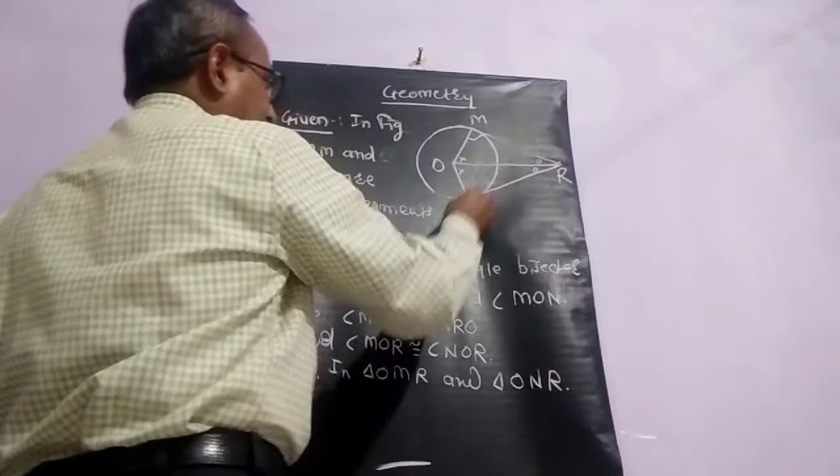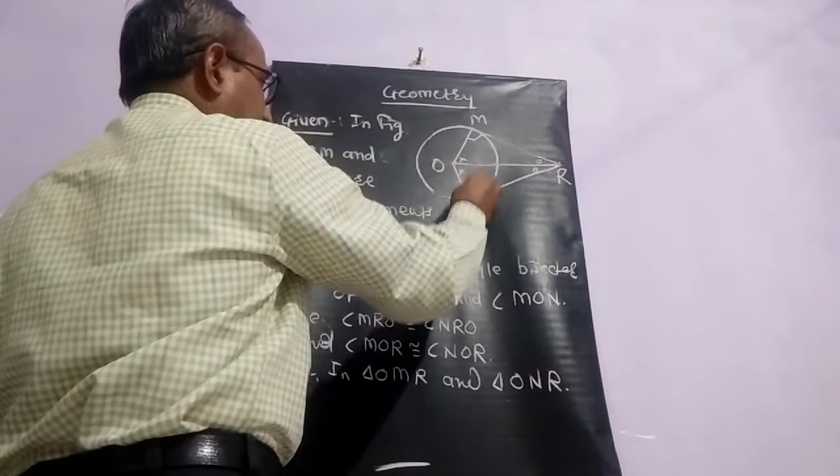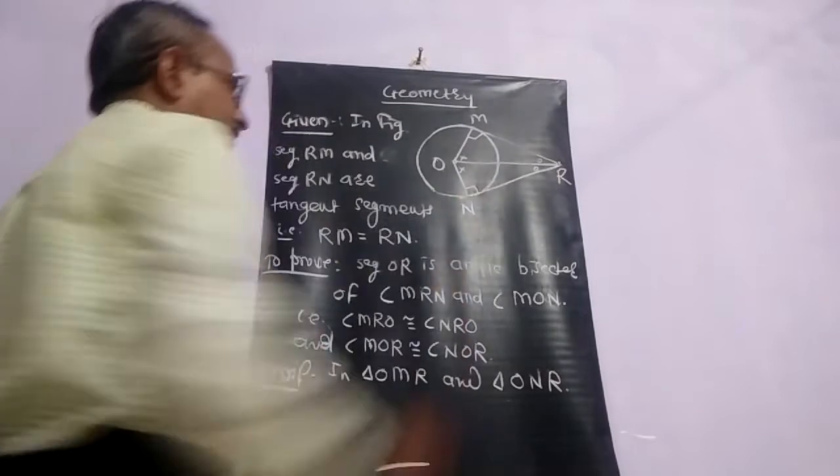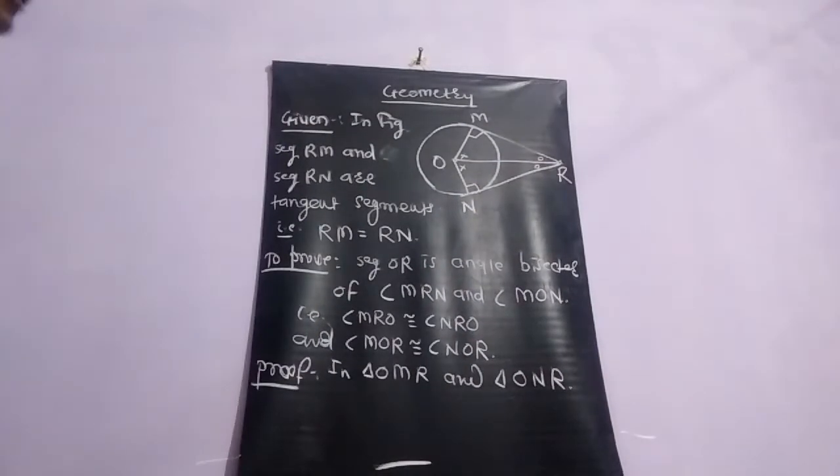Here also RN is tangent and ON is a radius, so this is also 90 degree.